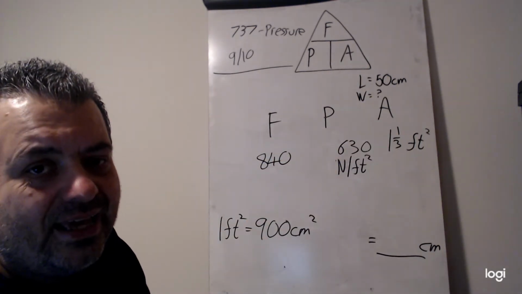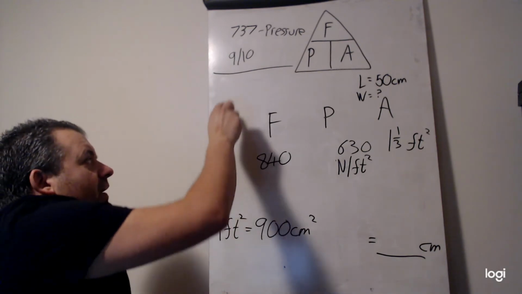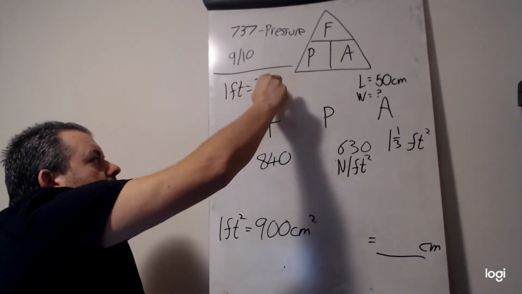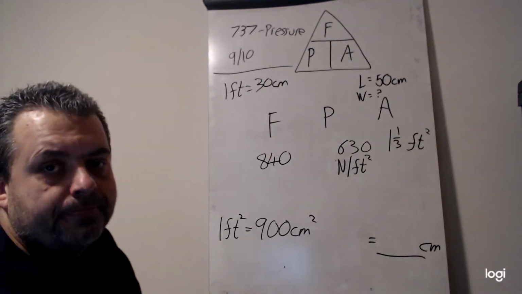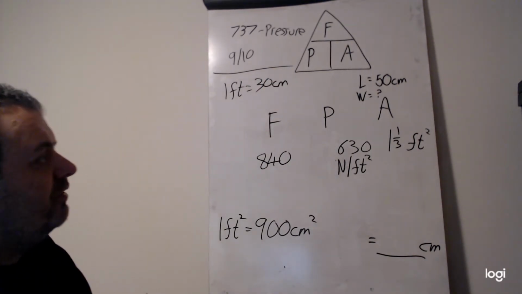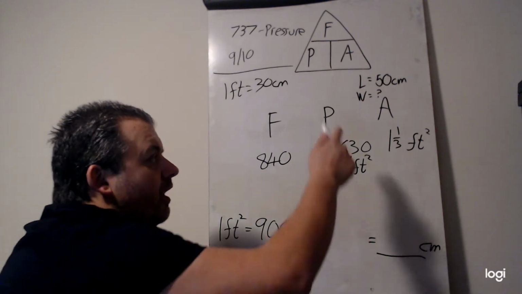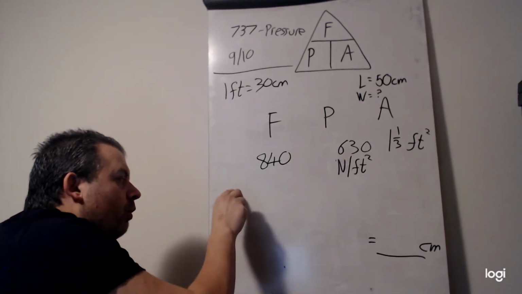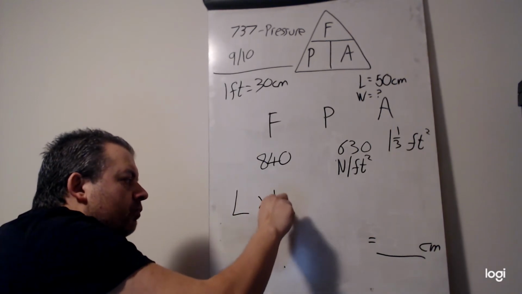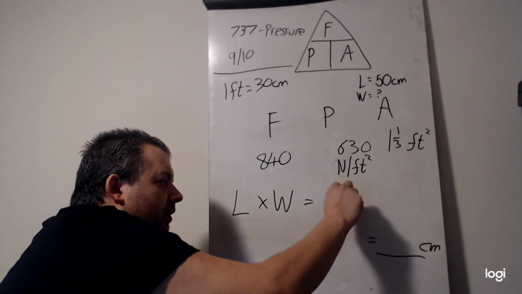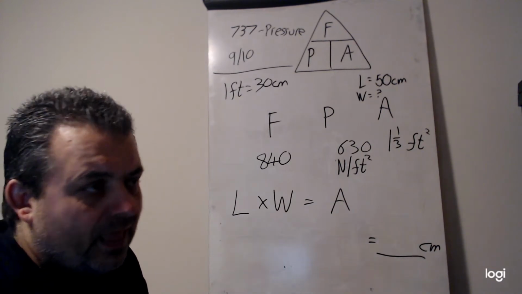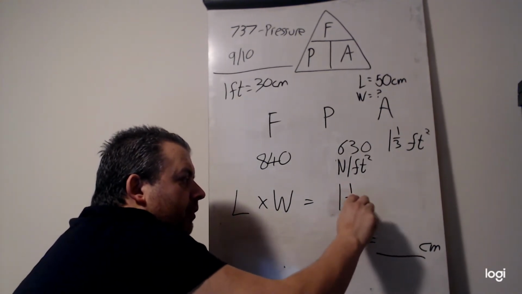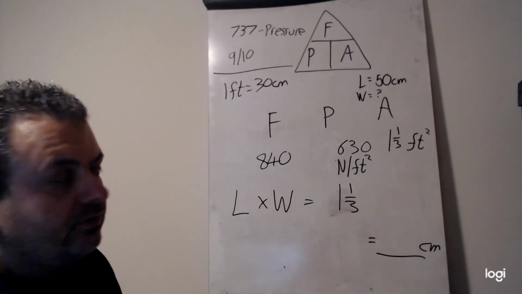It tells you the length in centimetres. So you've actually got to go back to the original. Okay? Because if we know that length, let's get rid of that. We know that length times width gives us area. Area is 1 1/3 in feet squared.